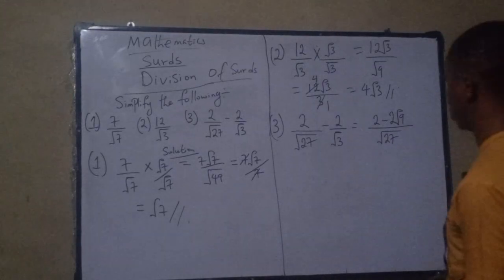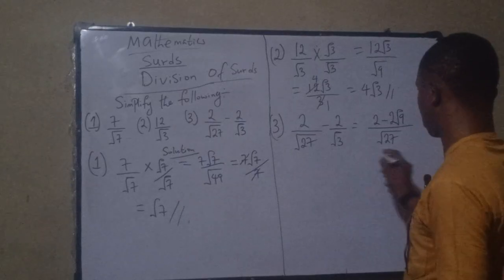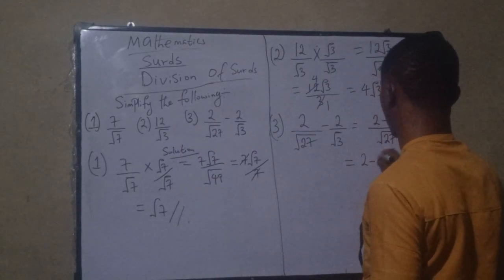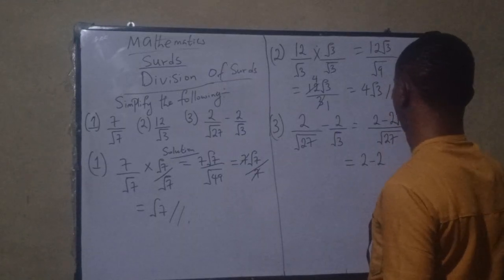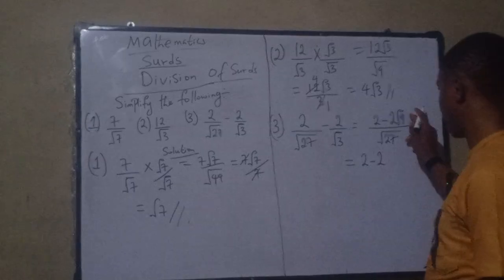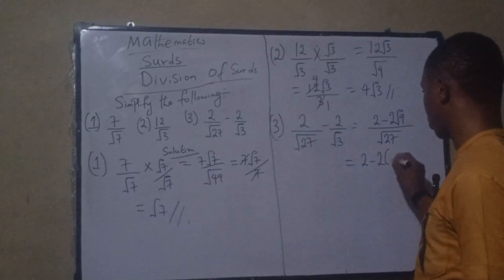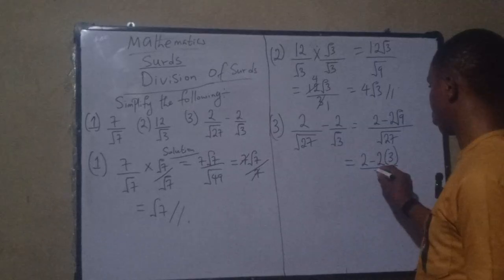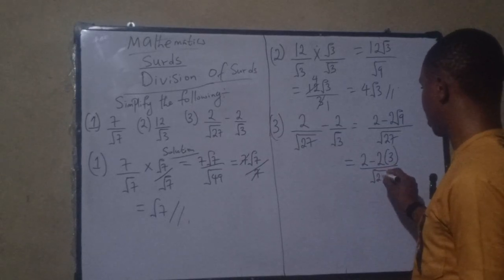So this will be equal to 2 minus 2 root 9 all over root 27. Root 9 is 3, because 3 times 3 gives us 9.